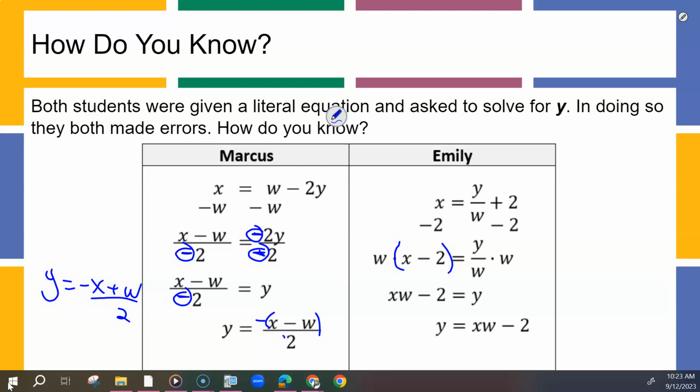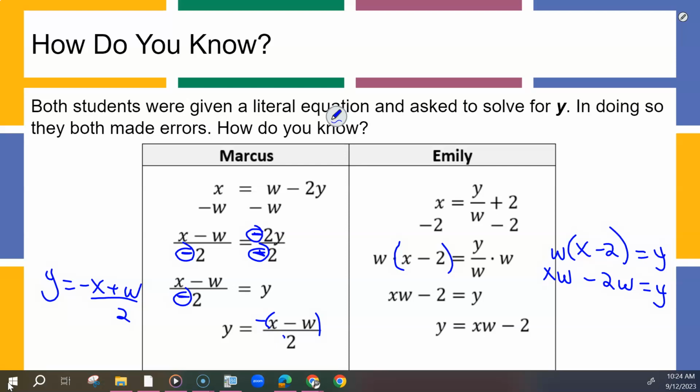But because she didn't put in those parentheses, she only multiplied the W to the X. That's correct for that part, but then I'm going to rewrite from here, where she could have distributed if she so chose. Either way.